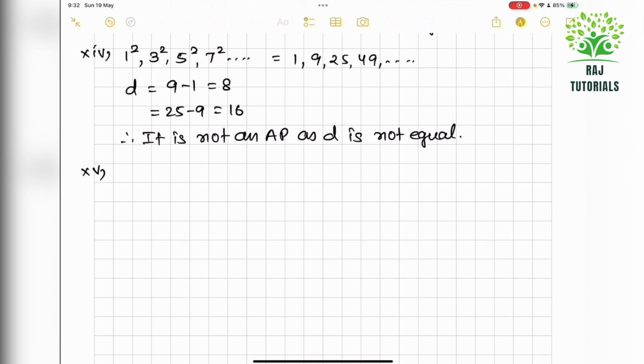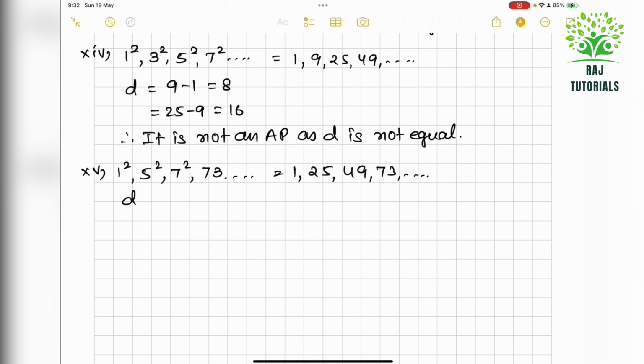Then 15th, 1 square, 5 square, 7 square, 73 and so on. So this I can write as 1, 25, 49, 73, and so on.